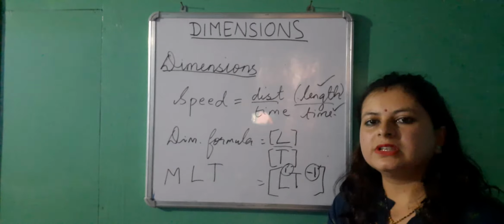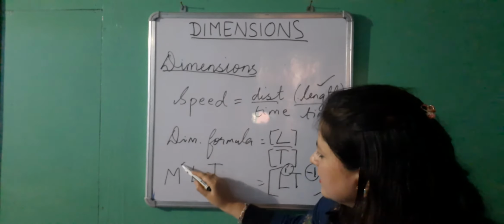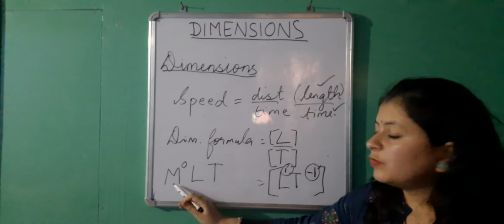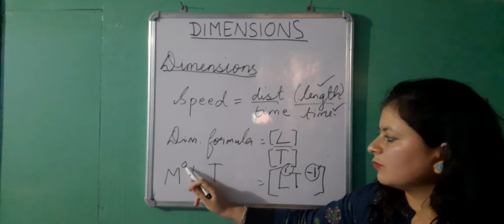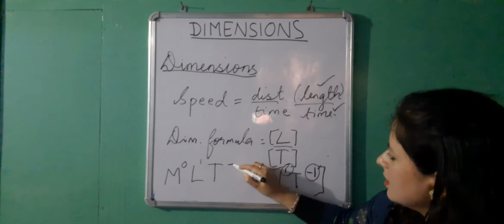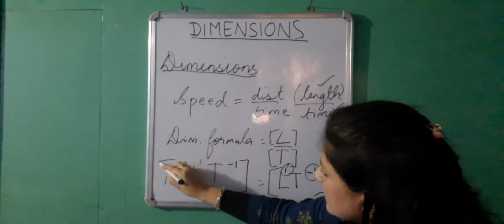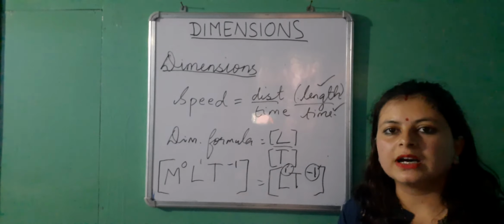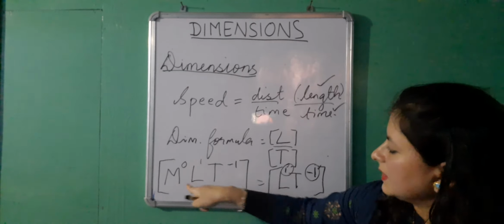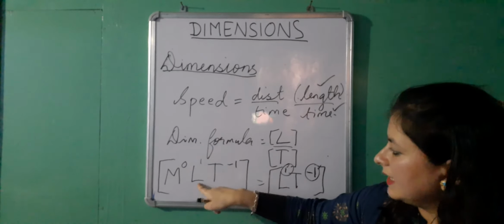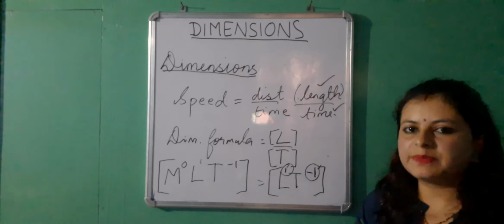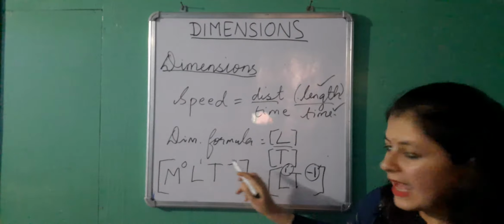Anything to the power 0 is equal to 1. So I can write 0 since it is not appearing here. It means the power to which mass has been raised is equal to 0, and L is 1 and T is minus 1. So this is the complete dimensional formula for speed. M to the power 0, L to the power 1, T to the power minus 1, and the dimensions for speed are 0, 1 and minus 1.